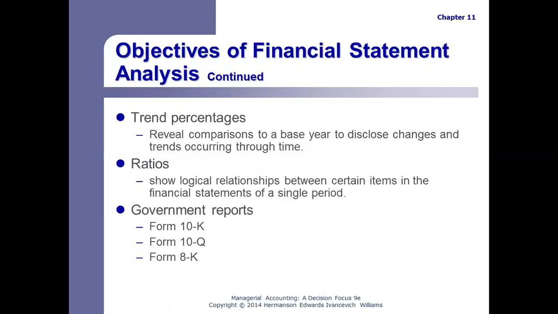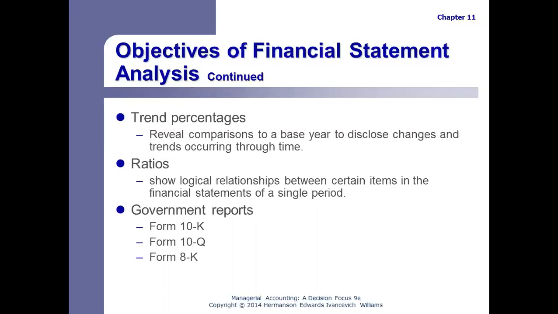So looking at trends kind of gives us an indication of how things are going, and then we can use those trend analysis to look into the future. So if, for example, income has increased every year for the past 5 years, we can make the assumption that the trend will continue upward next year for the next few years. So trend percentages gives us a picture of how things change over time.